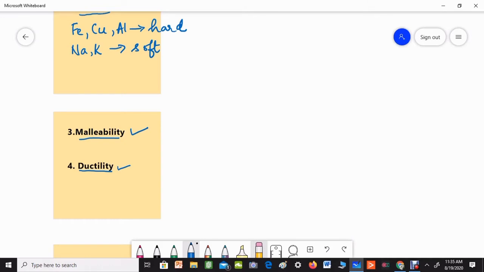For example, the most ductile metal is gold. It is interesting to know that a wire of about 2 km length can be drawn from 1 gram of gold. It is because of their malleability and ductility that metals can be given different shapes according to our needs.